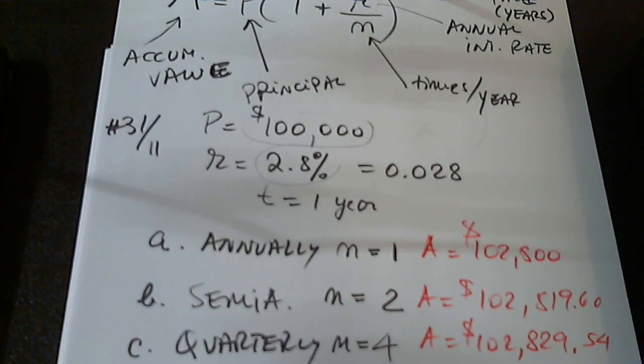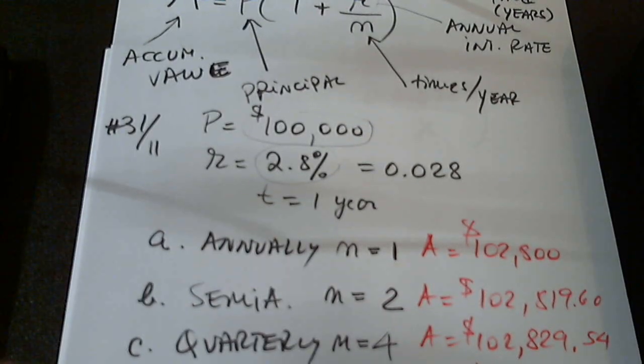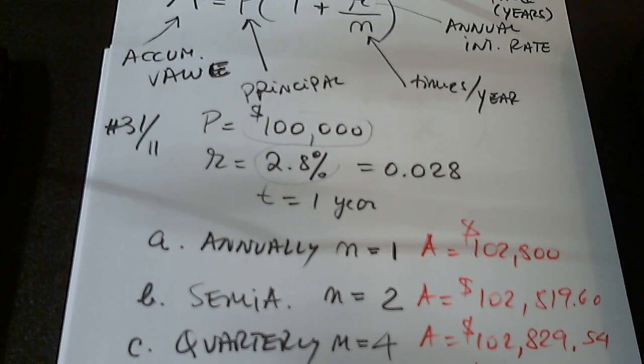The next one in line, 102,839.46. And the last one, which is hourly, we have A is 102,839.56.